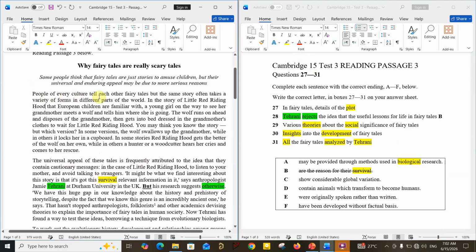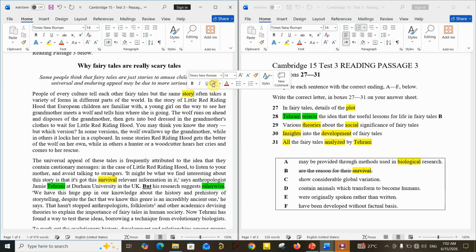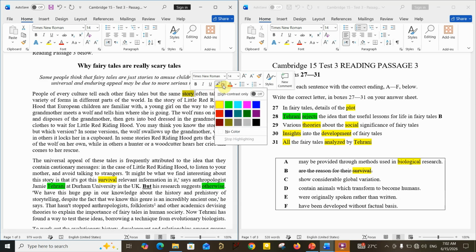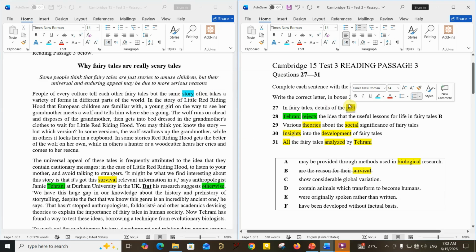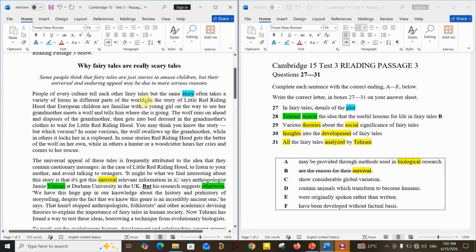People of every culture tell each other fairy tales, but the same story. So a story is a paraphrase for plot. Often takes a variety of forms in different parts of the world. So, biological, no, this one is crossed out.